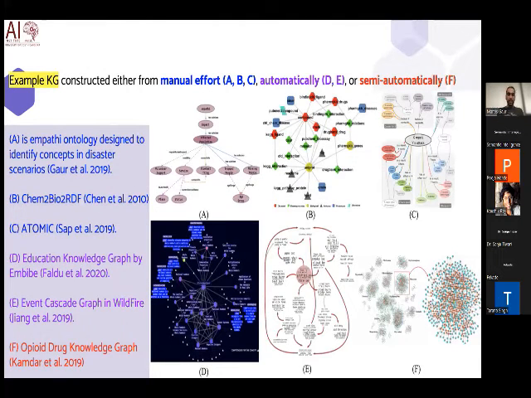So we all know that there are various forms of knowledge, that's why we call them information graphs. Some knowledge graphs are constructed through manual effort, like ontologies. Some of them are constructed automatically, using PDFs and some archives, as I was saying.